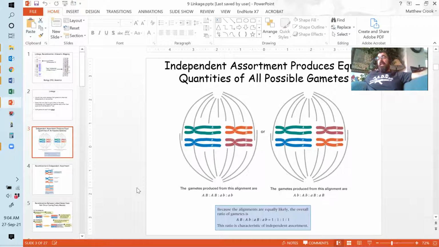So the end result of those two genes being inherited independently is if you're heterozygous for both genes, you have equal possibilities of alleles in your gametes, right?